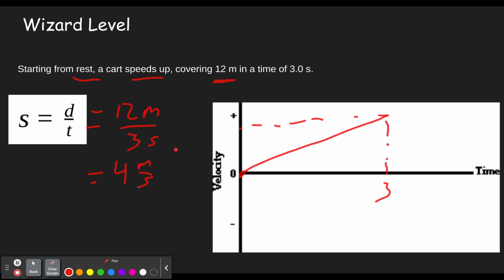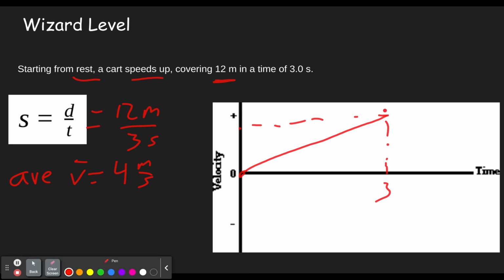But what is this? This is the average velocity. Sometimes it's written as a V with a line over it. That's the average velocity. And we clearly do not have a constant velocity. It is changing, but it's changing in a very consistent way. It's a straight line sloping up. So what would the average be?